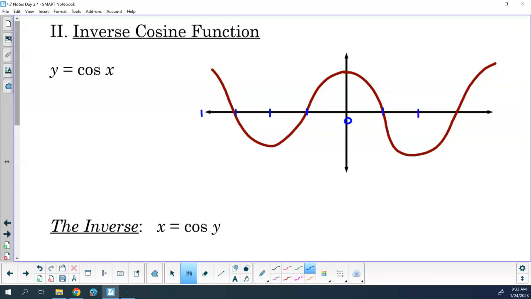Those are in pi over 2 increments, right? So this would be positive pi over 2, positive pi, 3 pi over 2, and 2 pi. Going the other way, it'd be negative pi over 2, negative pi, negative 3 pi over 2, negative 2 pi.